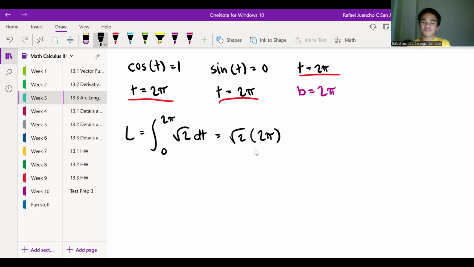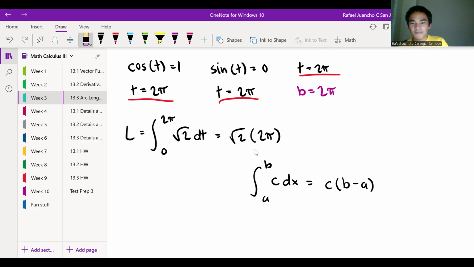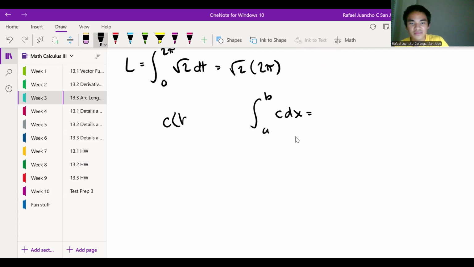So there again, another formula. When we're given some constant C, this is just a fun fact, the integral from A to B of C dx is just C times the upper boundary minus the lower boundary. Or you could do the normal integrating thing, which gives the same thing: C(B minus A).